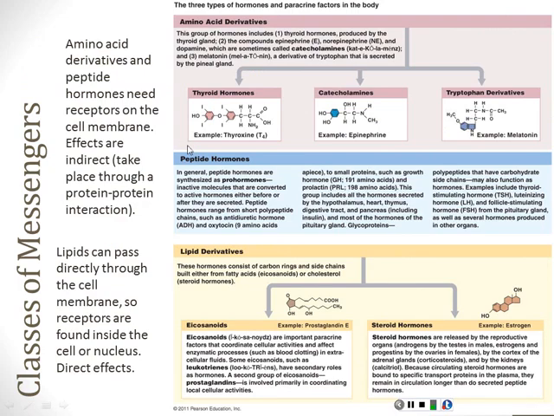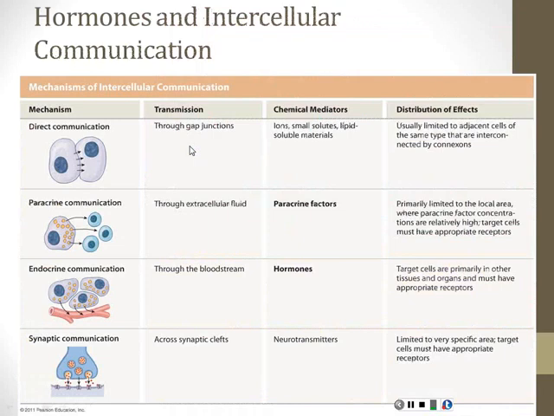So what's a gap junction? If you remember, we talked a little bit about them last semester. But if this is one cell and this is another, a gap junction is kind of like a straw, like a drinking straw, that goes from the inside of one cell to the inside of another.